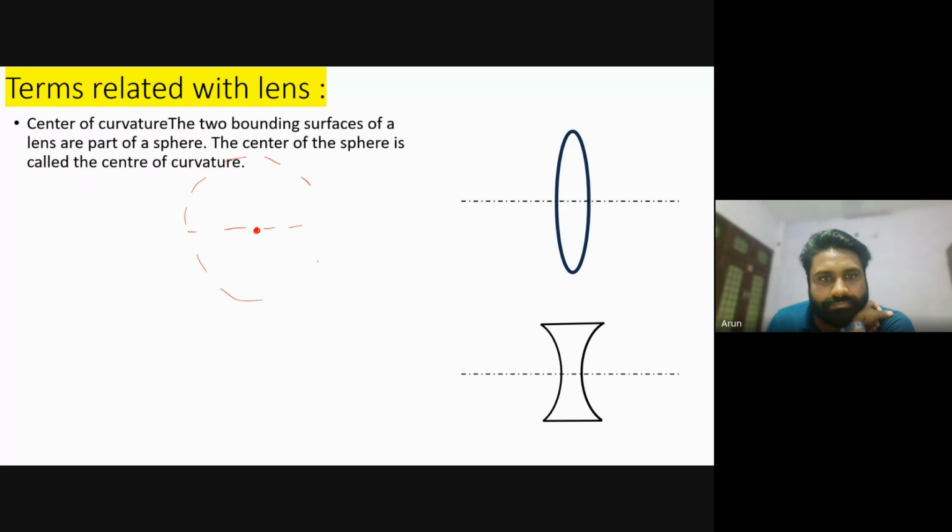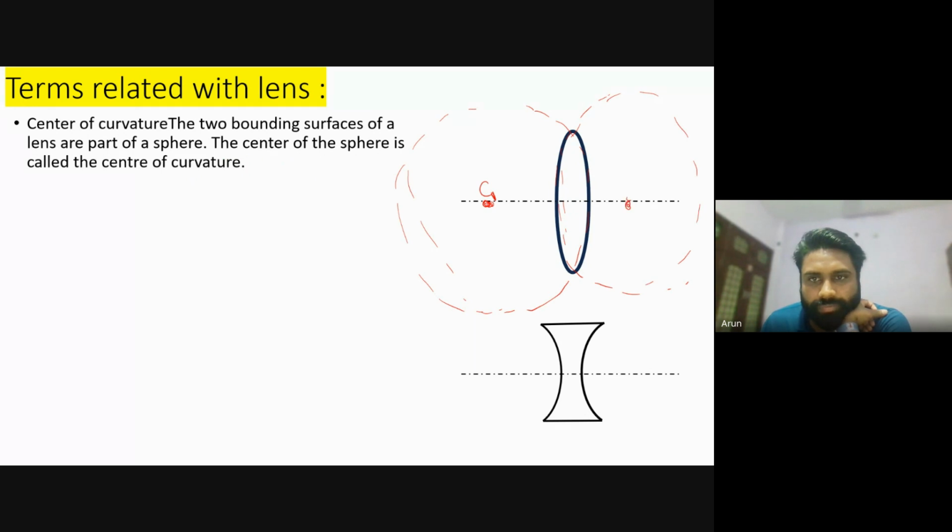Similarly, this lens is also a part of a sphere, two spheres, one for this surface and one for this surface. So these surfaces have two centers of curvature, C1 and C2. Got it? Because this is bounded by two surfaces, and each surface is a part of a sphere.